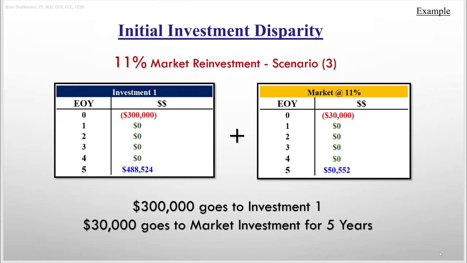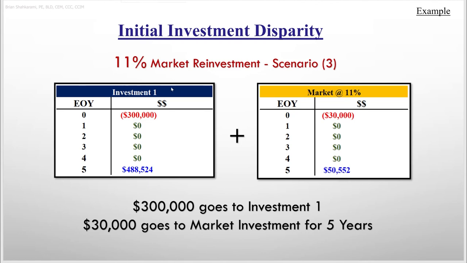Now we must equalize them for initial investment. Again, we'll start with our initial investment capital of $330,000 for investment 2. We'll place $300,000 in investment 1 and we'll market reinvest the remaining $30,000 at the reinvestment rate of 11%. At the end of 5 years, this gives us an accumulated capital of $50,552.